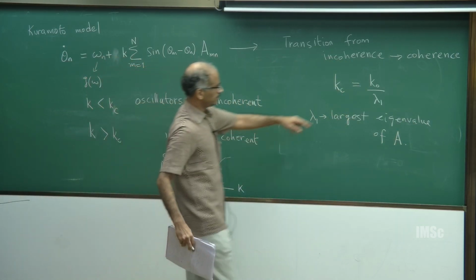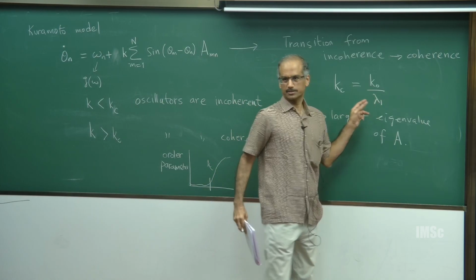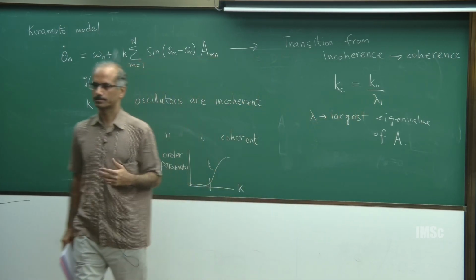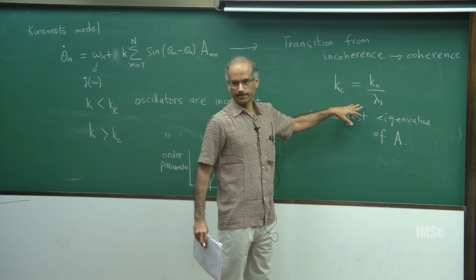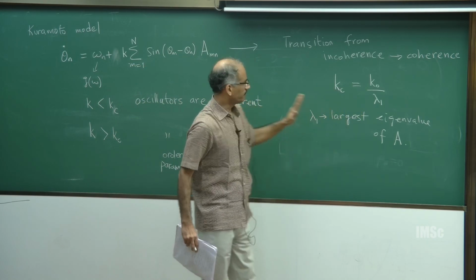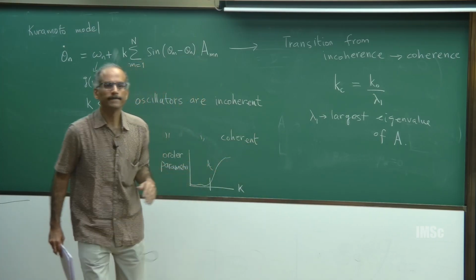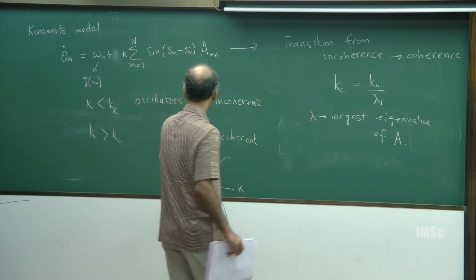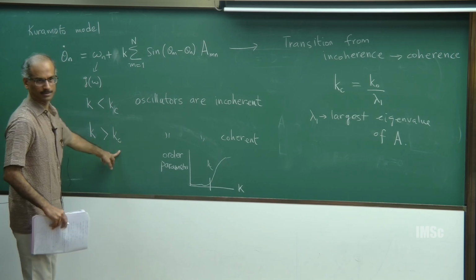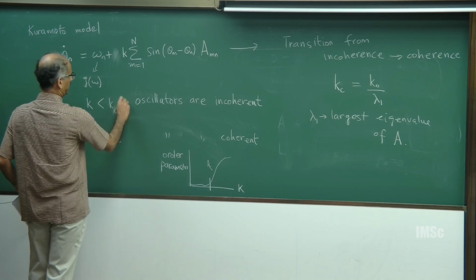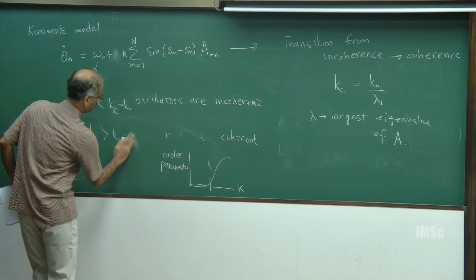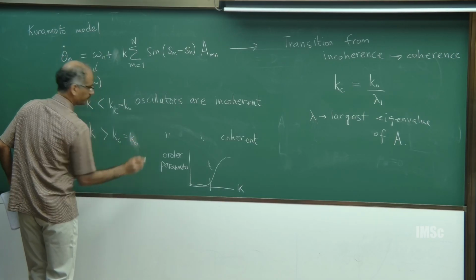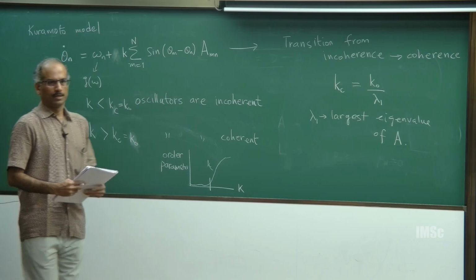So you see that these eigenvalues are an important quantity that you need to worry about. K0 is simply the Kc in the standard Kuramoto case.